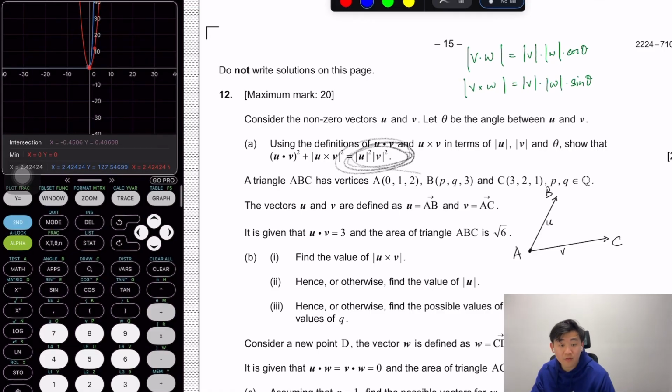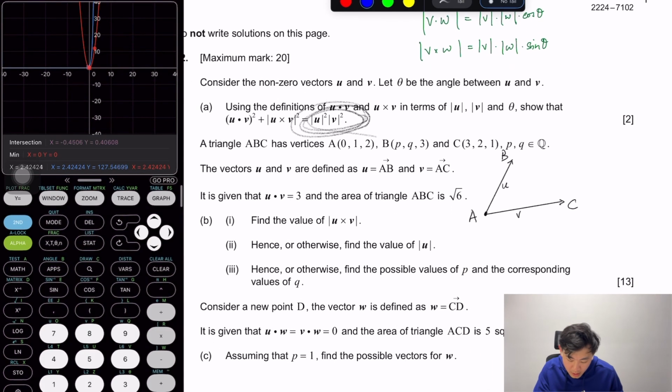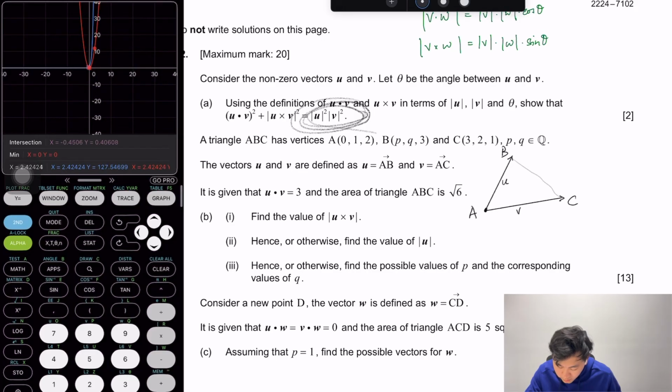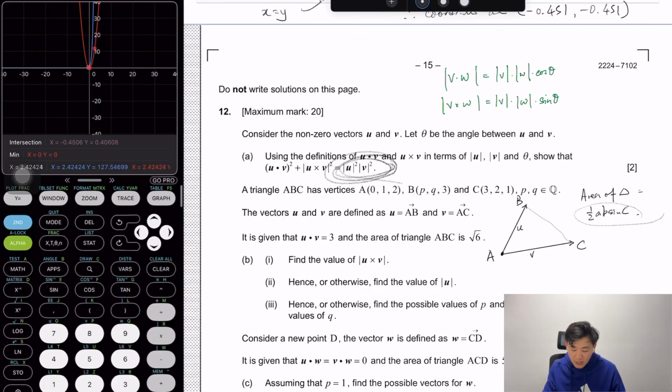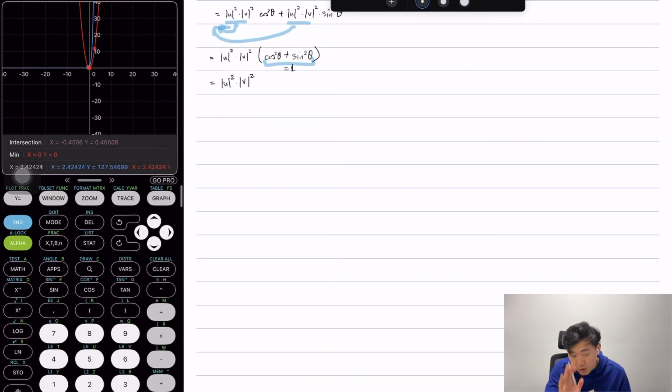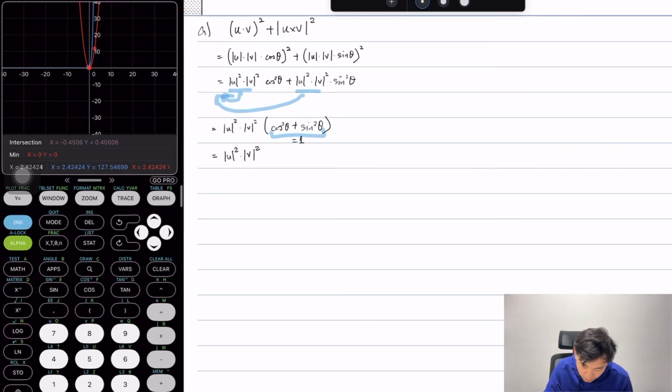We have learned one thing, which is the area of a triangle. How can we find the area of a triangle? The area of a triangle is half ab sine C, right? So now we make use of this one. Let's write part B1.